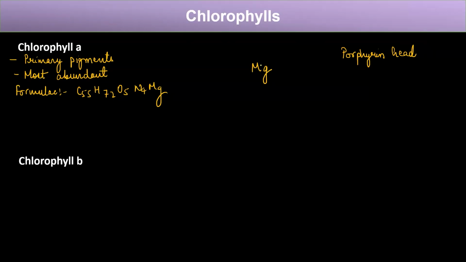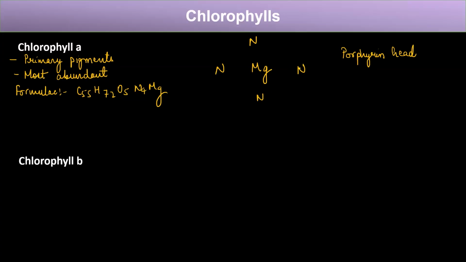So it has magnesium in the center, and then it has 4 pyrrole rings. This is 1, this is 2, this is 3, this is 4. These 4 rings are connected to each other and they have nitrogen atoms in them.